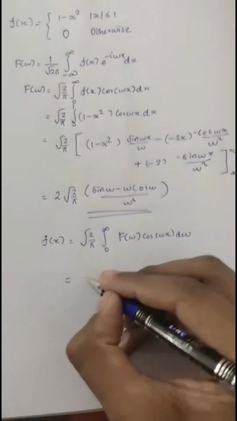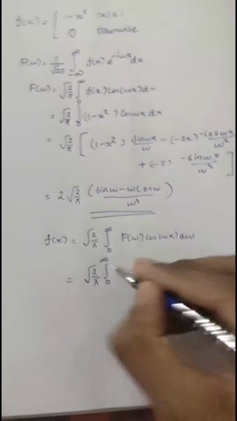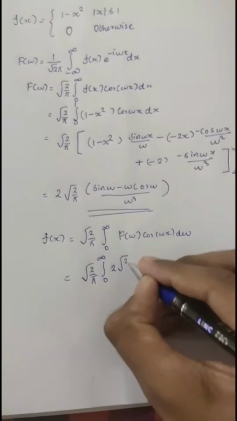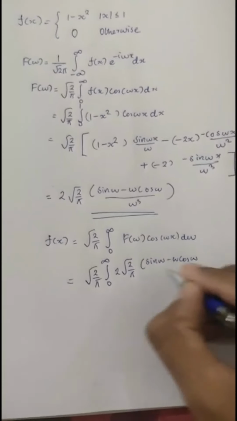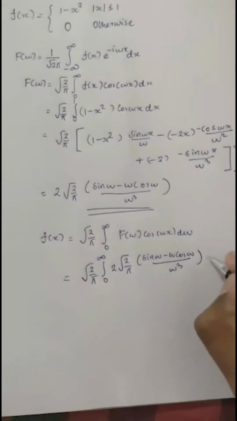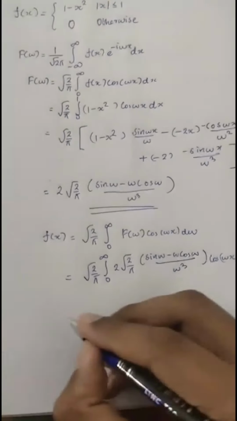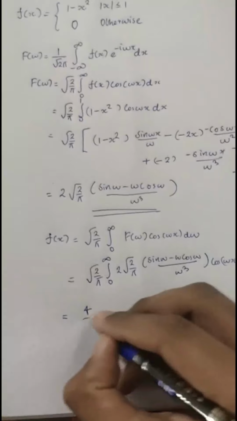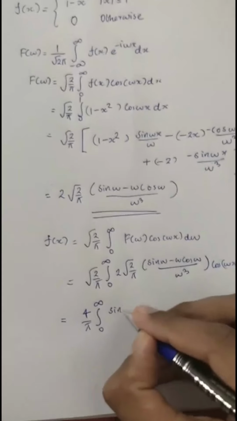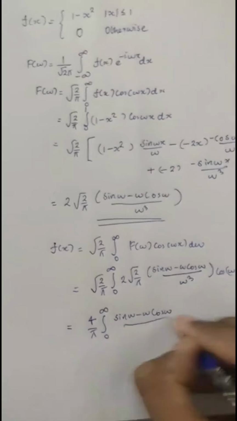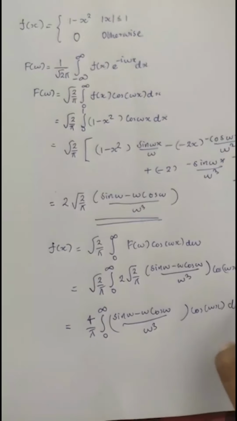Now we can substitute the value of F(ω): 2√(2/π) (sin ω - ω cos ω)/ω³ into cos ωx dω, which is equal to (4/π) ∫ from 0 to ∞ of (sin ω - ω cos ω)/ω³ · cos ωx dω.